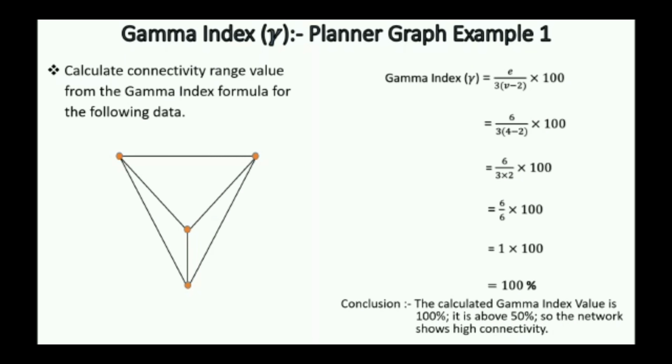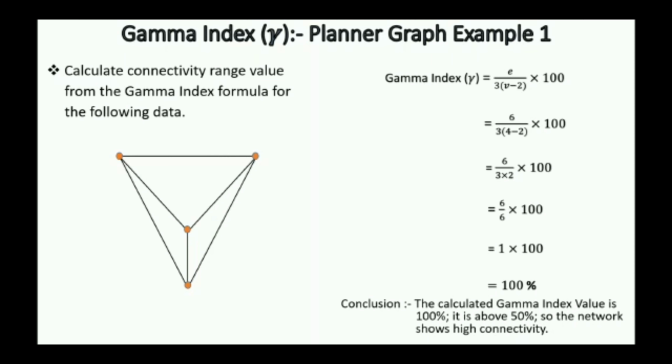Now we will solve the examples of gamma index. Calculate the connectivity range value from the gamma index formula for the following data. See the diagram. There are 6 edges and 4 vertices.